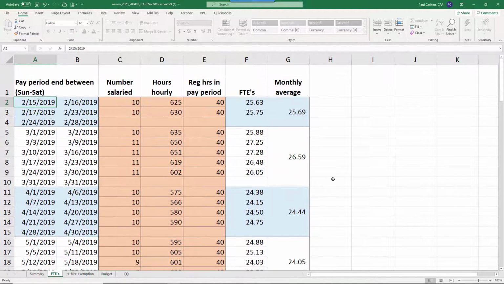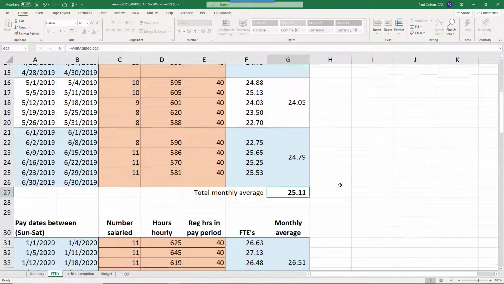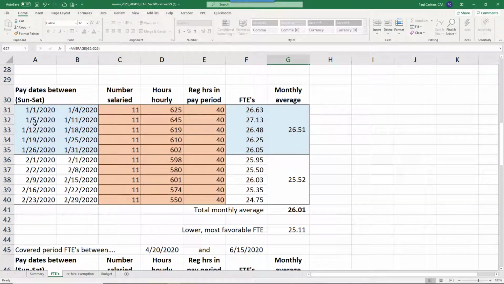Now we need to calculate full average monthly full-time equivalents for that period for last year. So in this example, the average full-time equivalent is 25 people. Then we have to calculate full-time equivalents from January 1, 2020 through February 29th, 2020. And so here we have 26 full-time equivalents.